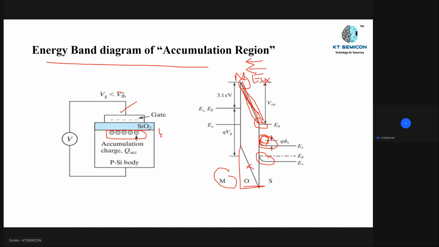So this is 0, and here this bending happens. Why? Because there is accumulation of holes. Even though my substrate is a p substrate, my Fermi level is near the valence band. This is what happens here.